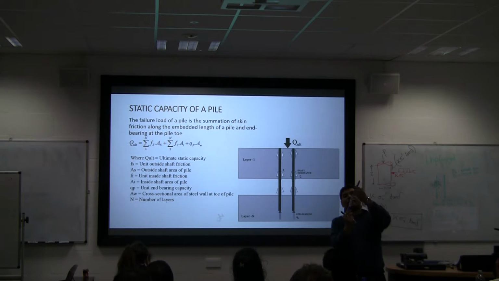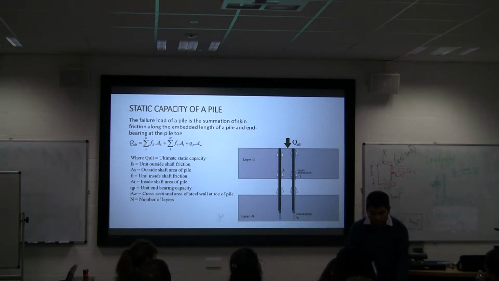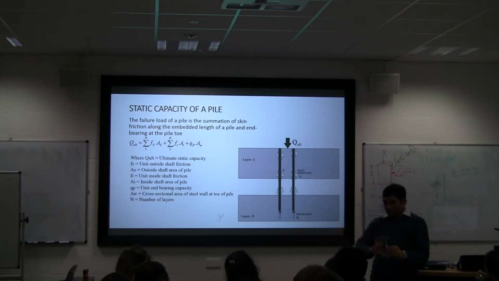I will break it into elements of 1 meter, and then I look at one element. For that element, let me find out the friction. So this is my element of 1 meter.